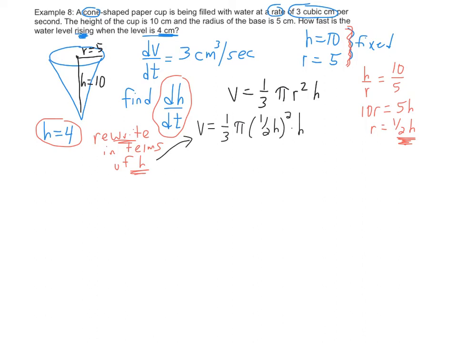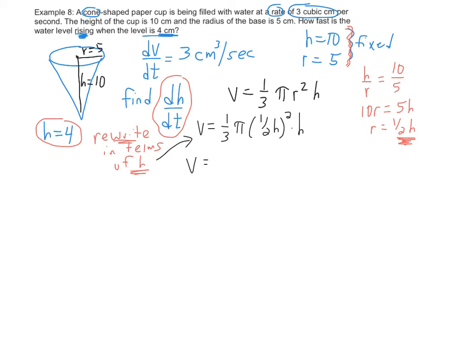So we know we're going to have to find a derivative, but the most common mistake I see year after year is people are too quick to take their derivative. There is a considerable amount of simplifying here that you can do to make your life a lot easier. So clean this up, simplify it as much as possible. So we have this 1/2 h quantity squared, which will produce a 1/4 h squared.